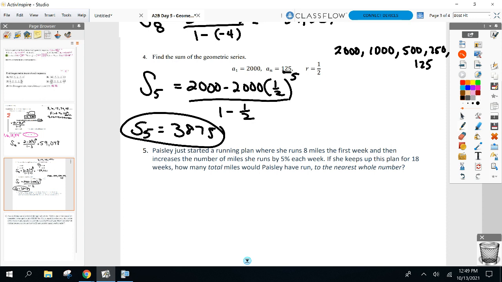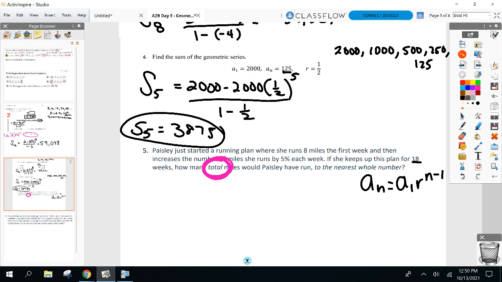Some of you missed this on the quiz. Total miles. If you start busting out the formula from yesterday, the only thing you would be finding is how many miles she runs in the 18th week. That's what using this formula does. If I want total, I need the sum formula.